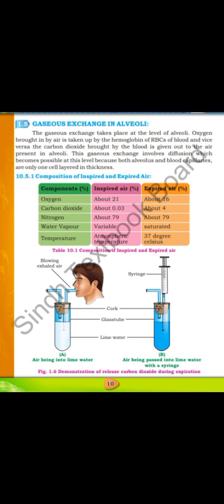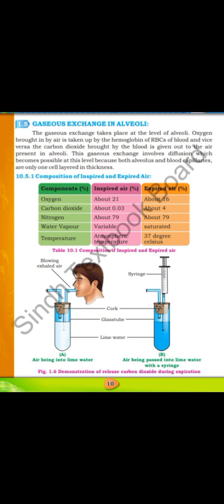And this process is performed by the process of simple diffusion, because both the alveolus and blood capillaries have only one cell layer in thickness.